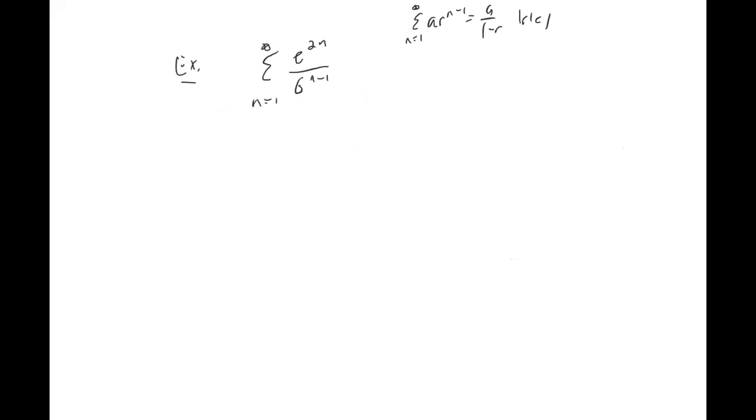This is E, by the way. So I'm starting at 1. That's good. I have an n minus 1 here. That's good. I just need to make this to the n minus 1 power. How would you do that?